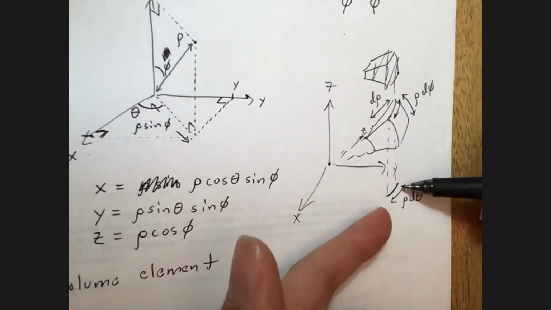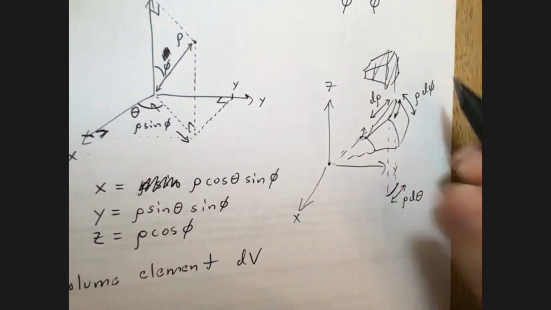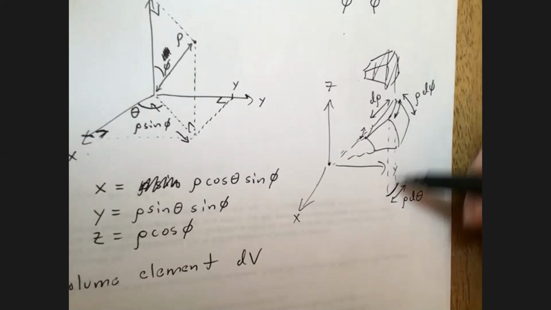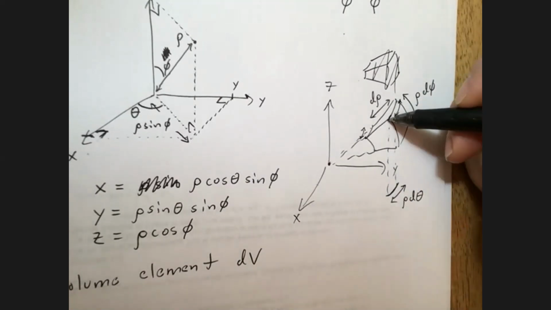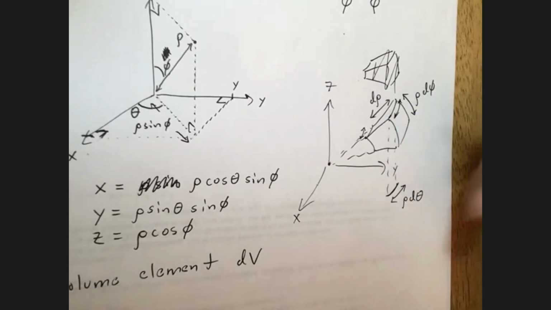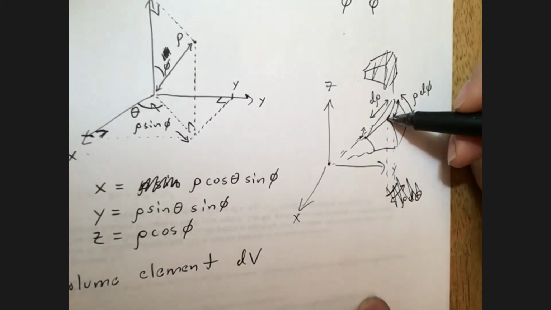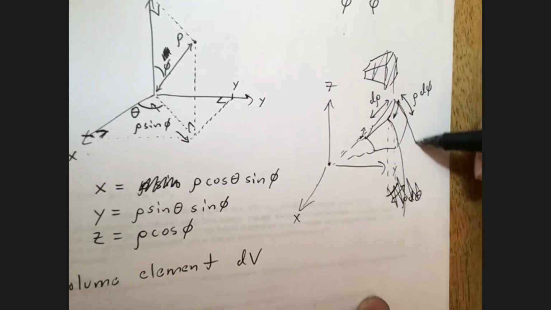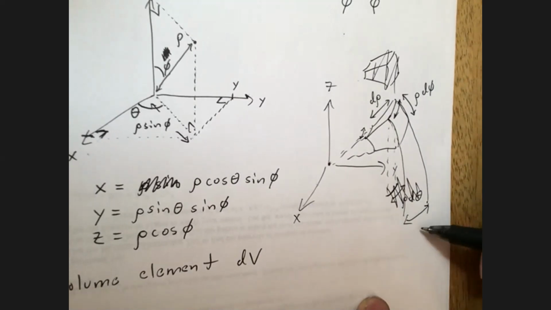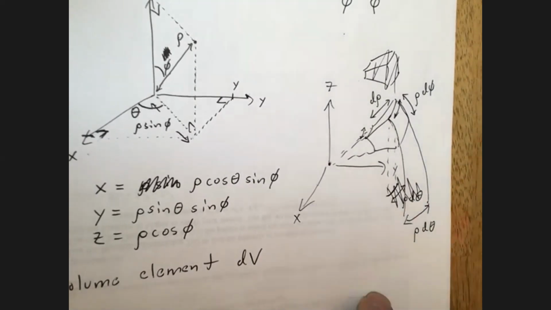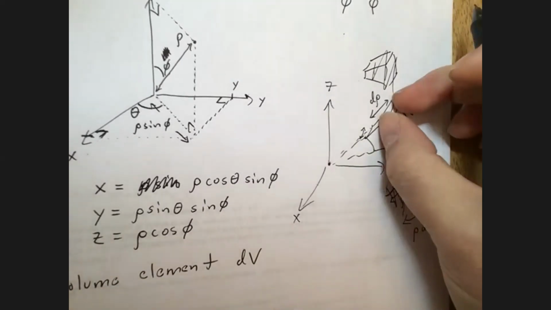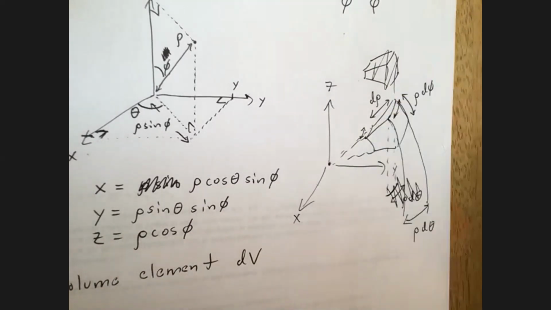I have to lift that up and see what it becomes when I swing it. Actually, it's not when I drop it down, it's when I swing it down. This is why I don't like to do this on a sheet of paper. If I swing this down like this, that's my rho d theta. So I have to swing it back up and see what it becomes.